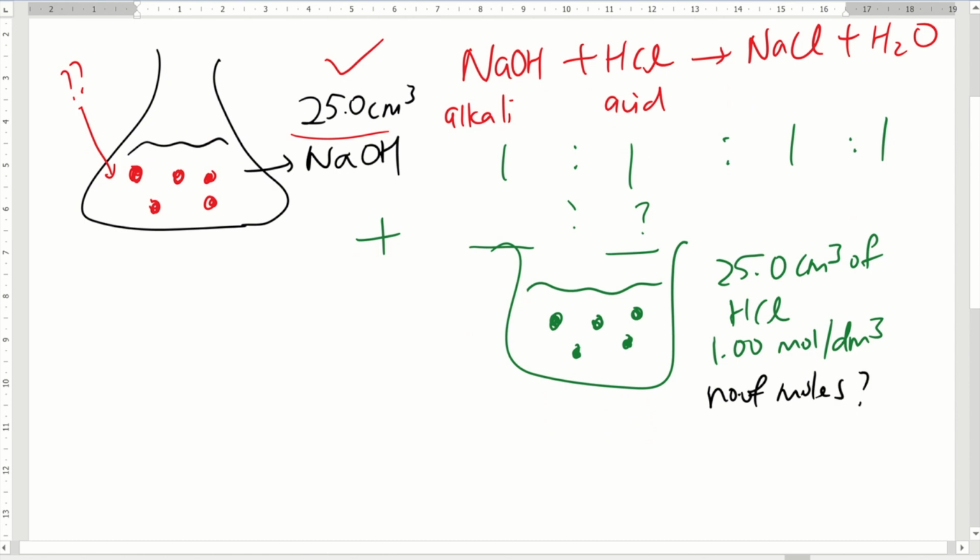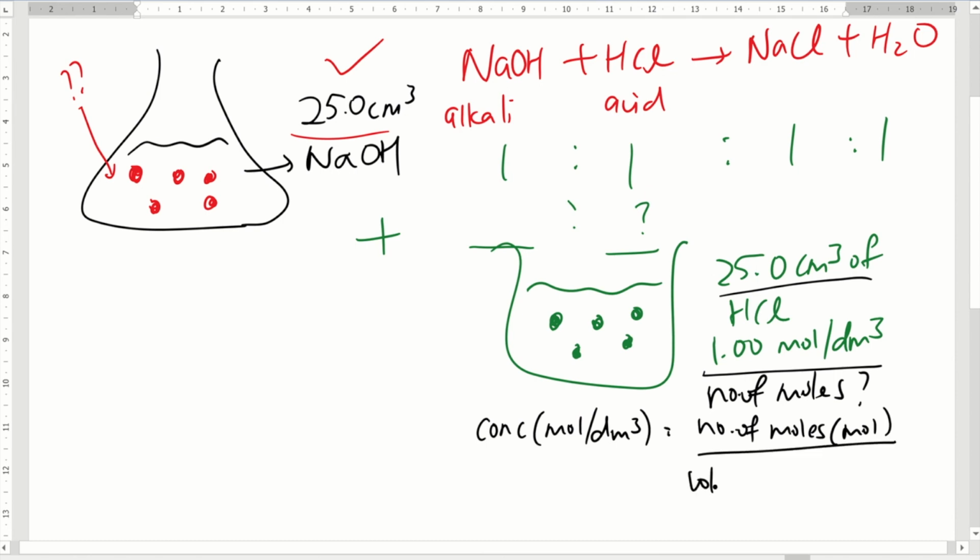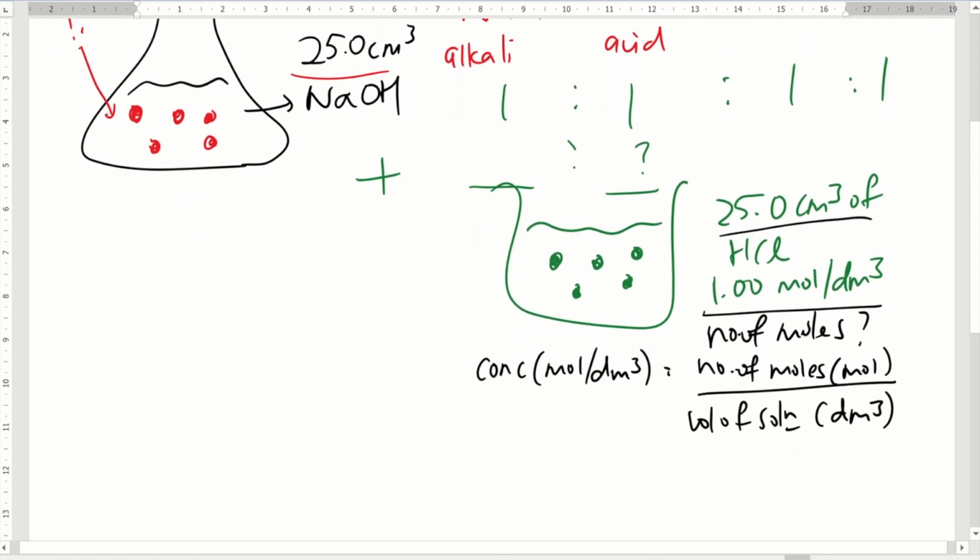Now for NaOH, because I don't know the concentration, I cannot calculate. But for HCl, I know the concentration and I know the volume. Recall this formula: concentration is equal to number of moles over volume of solution. If you see the unit, you realize that it's the same.